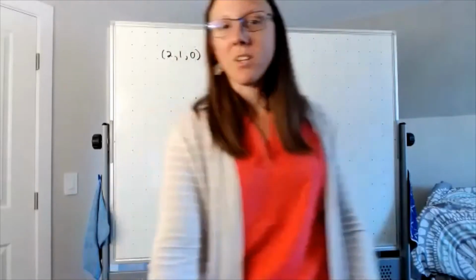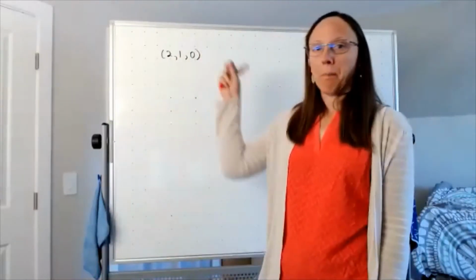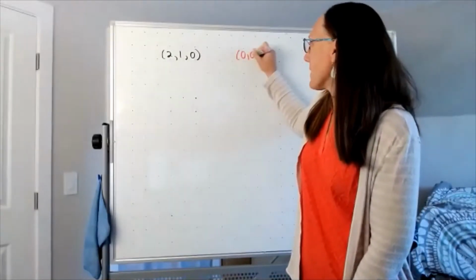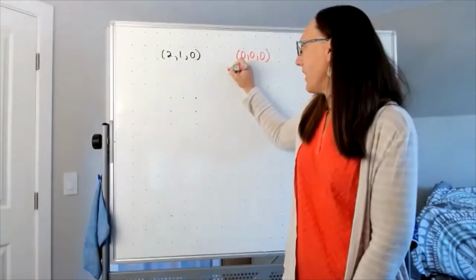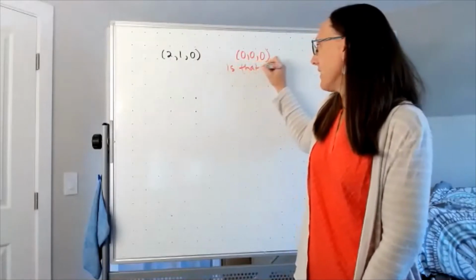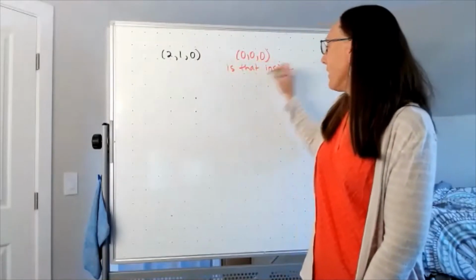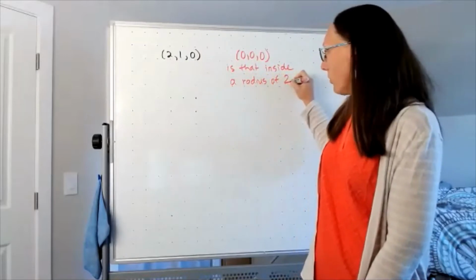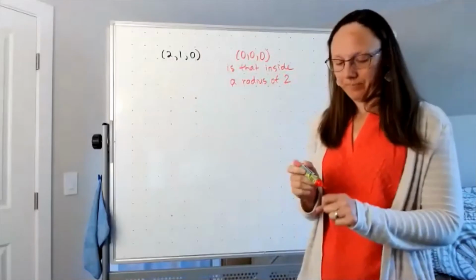So the question is, what if something plops in at the coordinate 0, 0, 0? Is that inside a radius of 2 from here?